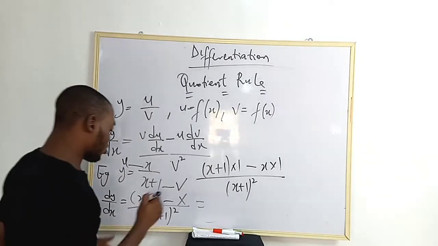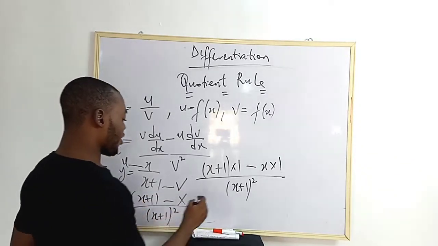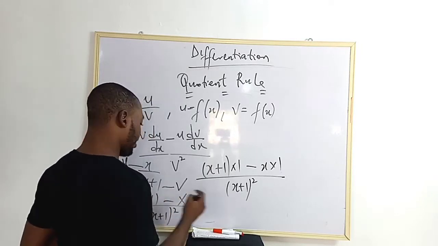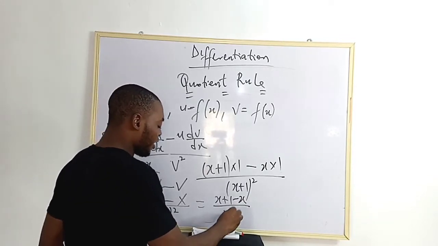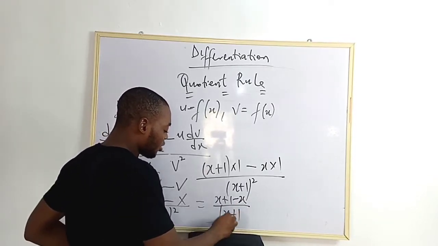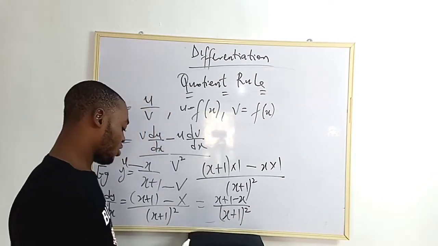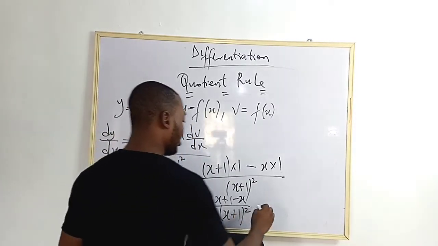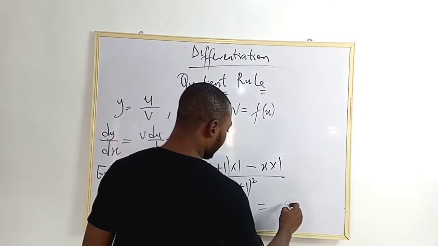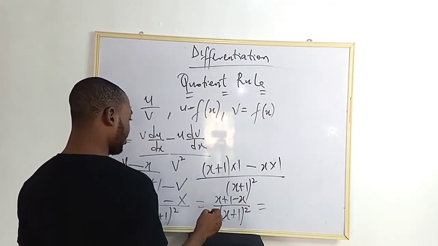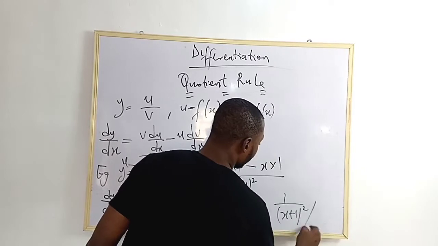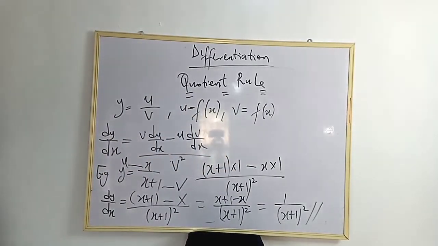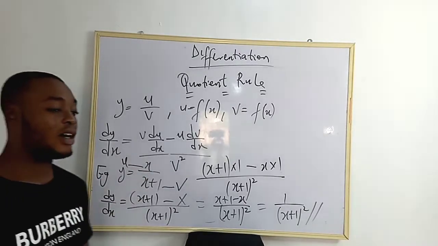So we have x plus 1 minus x, all over x plus 1 squared. Then x minus x is 0, so only 1 is left over x plus 1 squared. That is the derivative of x over x plus 1.